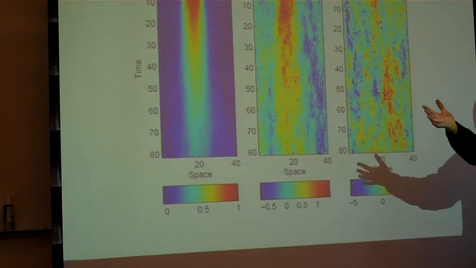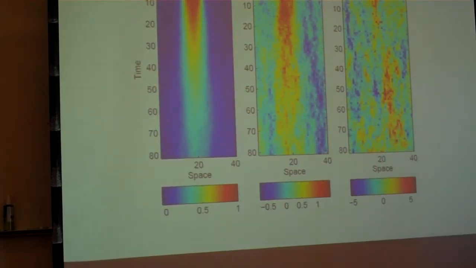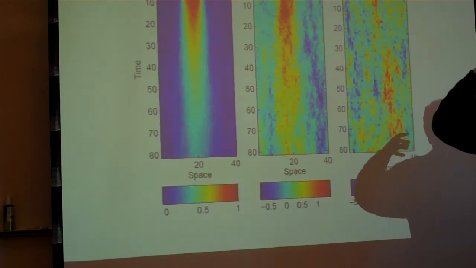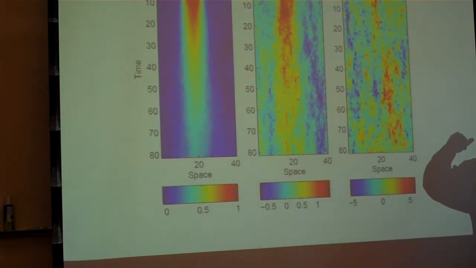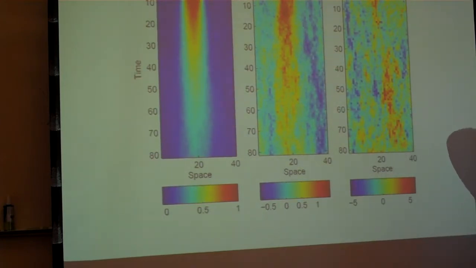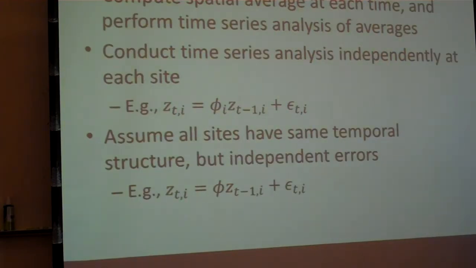When space is two-dimensional, which it usually is for the kind of problems we're interested in, it's harder to do this kind of visualization. But if you imagine stacking up spatial maps, you can see the patterns in space that we've looked at, and then at any one point you can drill down and see the patterns in time.